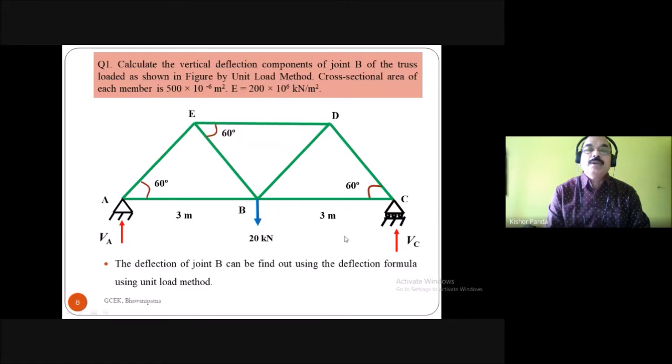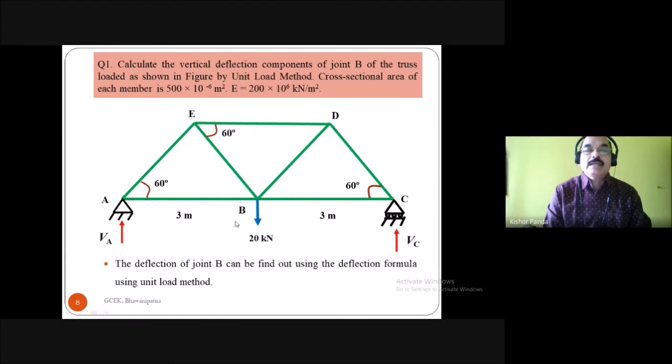This is one simple plane truss, and one load of 20 kilonewton is given at the point B. You have to find the deflection of joint B using the unit load method.